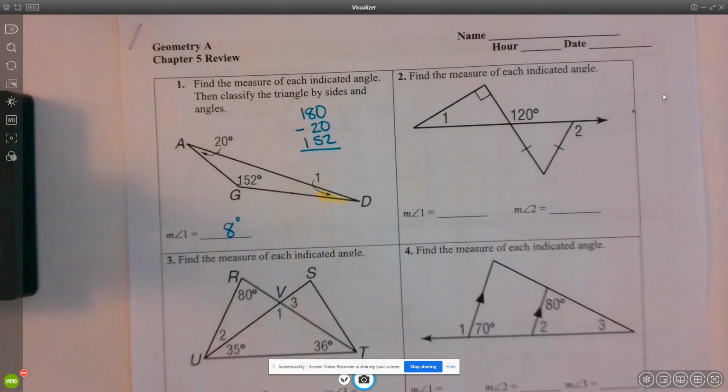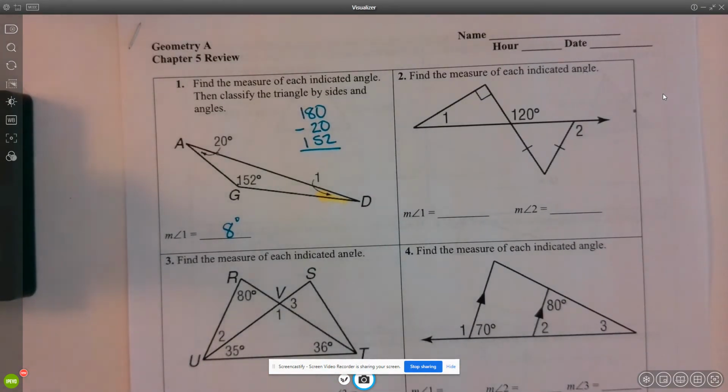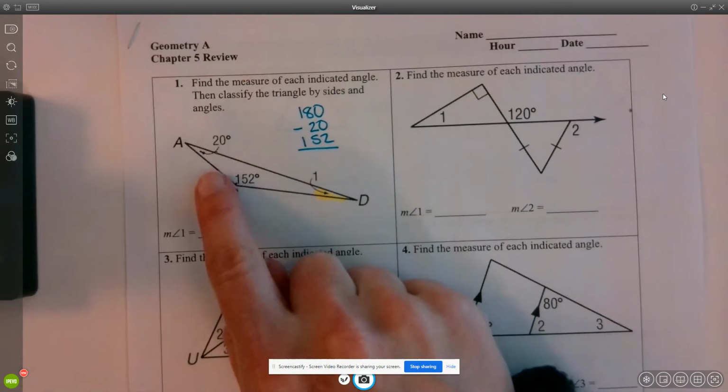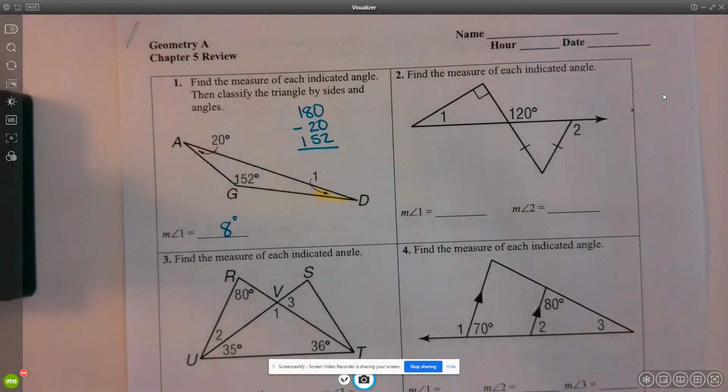Now I need to go ahead and classify this triangle. So remember, to classify a triangle, we need to think about how are the sides related to each other? Are any congruent? And the angles, what types of angles are in the triangle? In my triangle, they do not have any tick marks on any of the sides, so none of the sides are congruent.